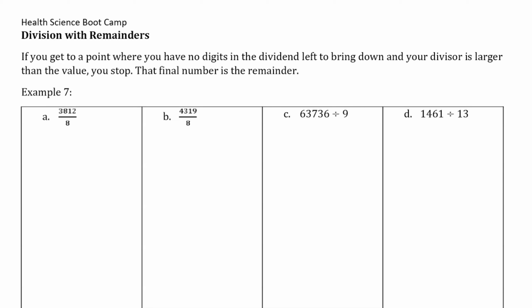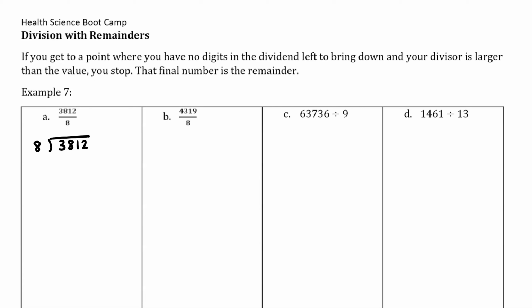So let's try it. We're going to do 3,812 divided by 8. So we're going to put that in our long division notation. And we'll go one digit at a time.